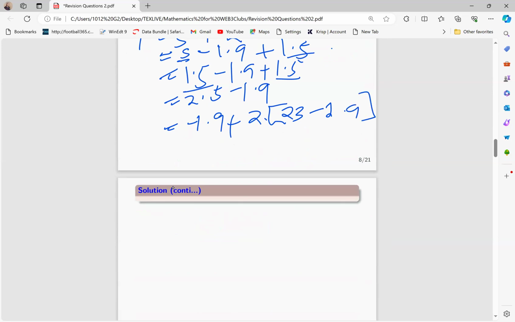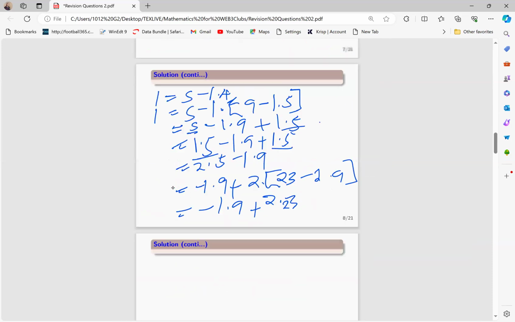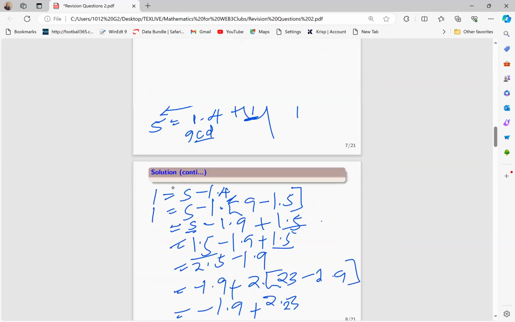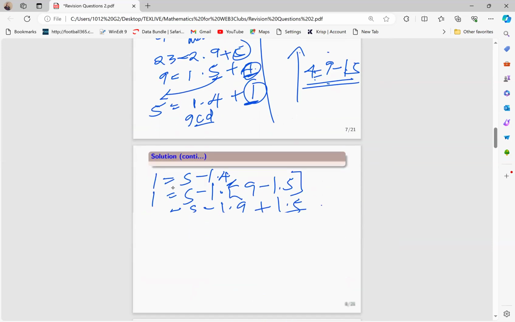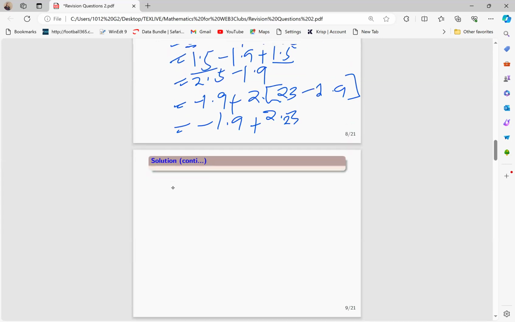Like that. After this, you write minus 1 times 9 plus 2 times 23, then 2 times this one, what will you get here? 2 times 2 times 9.